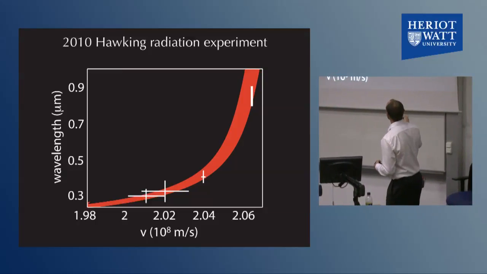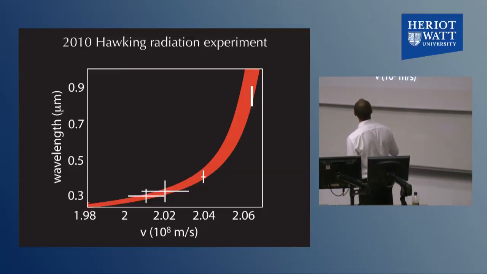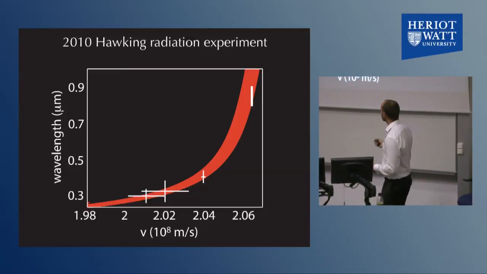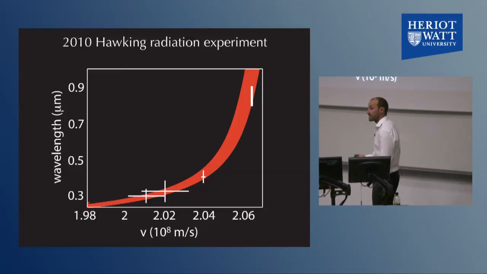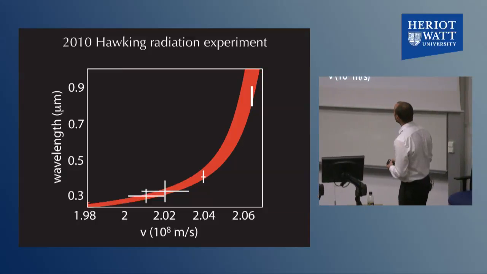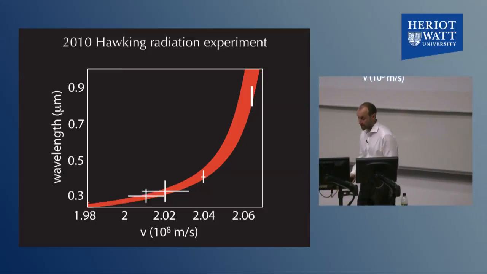This red band here shows the predictions from Hawking's theory. These white crosses show the results of our measurements. And as you can see, the agreement of their position along this red band really is a very good indication that we do have a first glimpse of this Hawking radiation effect.